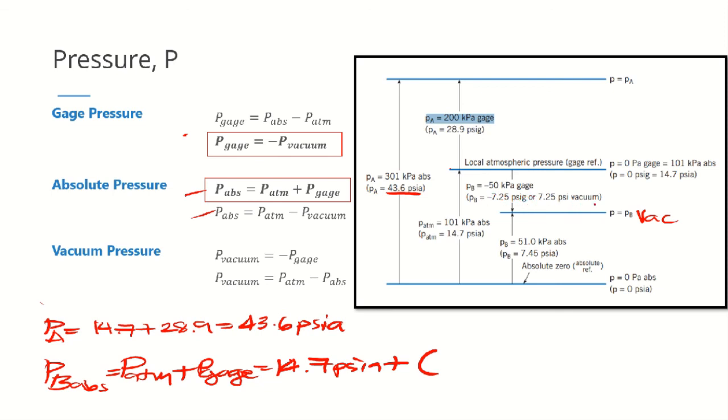So pag vacuum pressure, positive yon. So pag gauge, ginamit natin yung PSIG, negative dapat yung ilagay natin dito. So negative 7.25 PSIG. Ayan. Para pag mag-subtract sila dito. So ang absolute pressure pala ng PB is 7.45. So pwede natin itong lagyan ng PSIA. Ayan.